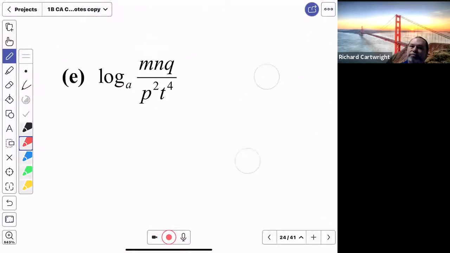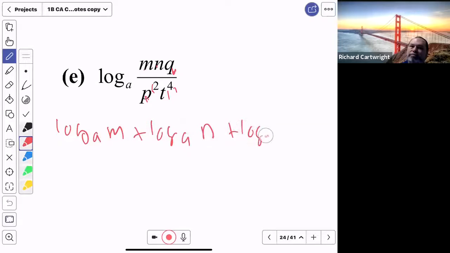Oh my gosh, you got a lot of stuff going on. I got adding 3 of them, then subtracting 2 of them with powers. So that gives me the log base A of an m plus a log base A of an n plus a log base A of a q. All of that minus these ones.